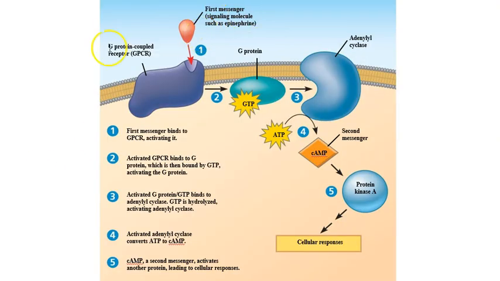And so here is a G protein receptor, but this is also introducing the concept of cAMP. You have a first messenger, a signaling molecule such as epinephrine. Here is epinephrine, here is a GPCR. It binds to it, causing a conformational shape change right here. G protein is activated, and activates adenylyl cyclase.